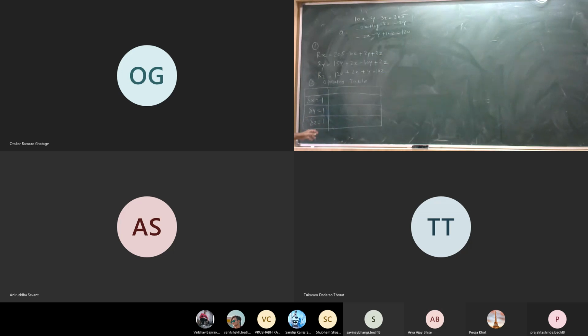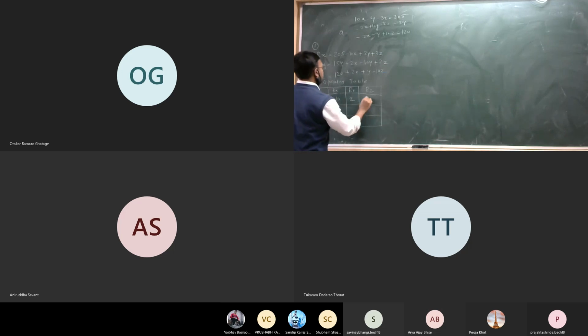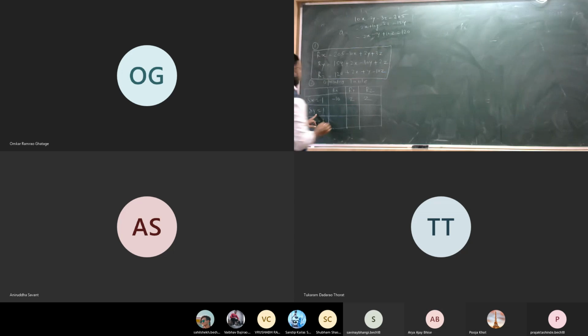When z is equal to 1, x and y will be 0. So what will be the impact on the Rx, Ry, Rz equations? When x is equal to 1, that will be minus 10, 2, and 2. So these are the residual equations. Then when y is equal to 1, that is 2, minus 10, 2. Z is equal to 1, that will be 3, 2, and minus 10.